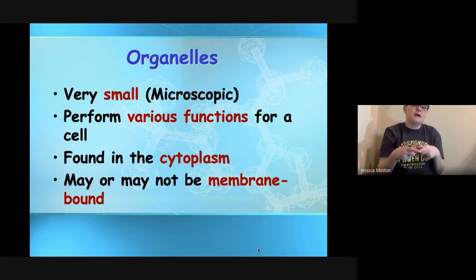However, without a stronger microscope, I'm not going to be able to see some of these other parts. But I know that there are stronger microscopes out there, and we do have pictures of these other parts.